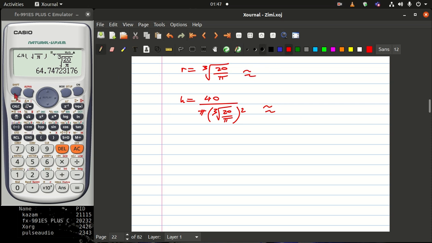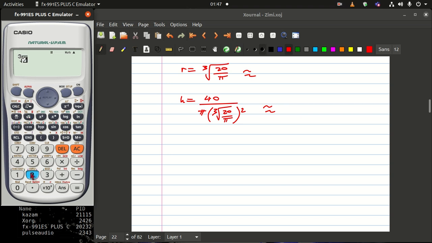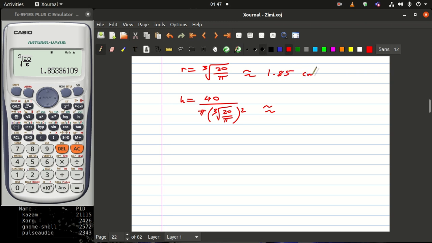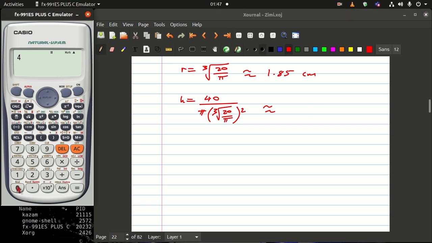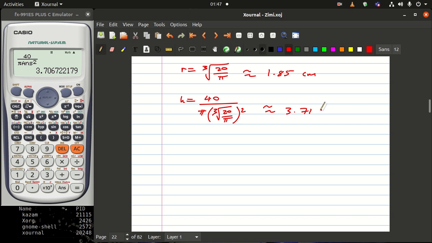So the cube root of 20 divided by a whole pi is going to be approximately 1.85 centimeters. And then 40 divided by pi times the answer squared, we'll end up having 3.71 centimeters.